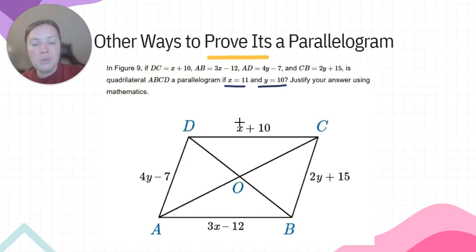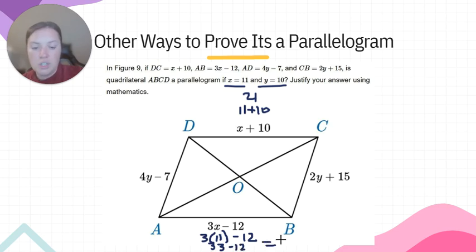To do this, we simply substitute in the values. For x, we can replace it with an 11 to get 11 plus 10, which is 21. And then we can come down here and do the same thing: 3 times 11 minus 12 gives us 33 minus 12, which is also 21. So these two sides are in fact congruent to each other just by plugging in known values.